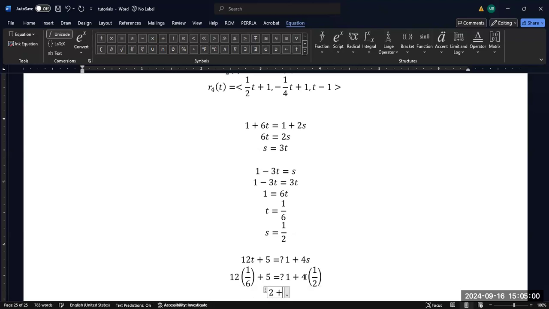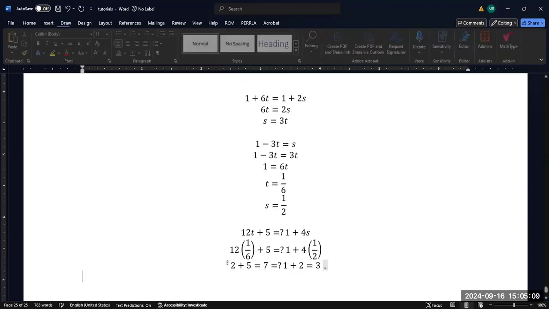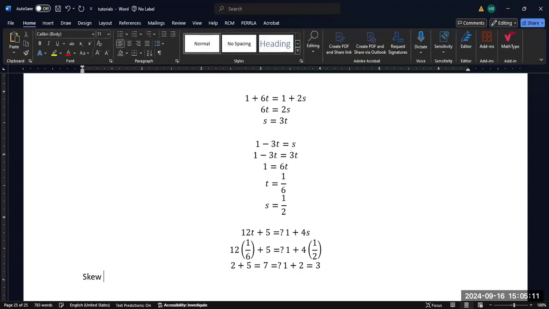I'm going to get 2 plus 5 is 7. And on the other side of the equation, I'm going to get 1 plus 2, which is 3. So these are not equal. So these are skew lines.